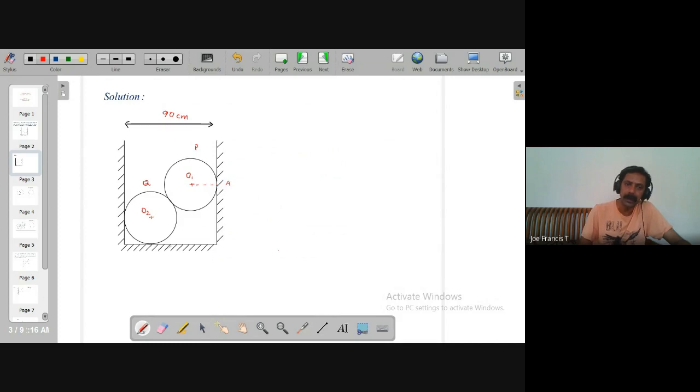Now if you join the centers of these two circles, O1 and O2, suppose you draw a line between O1 and O2 like this. I'll make it a chain line. The two spheres meet at a point here.